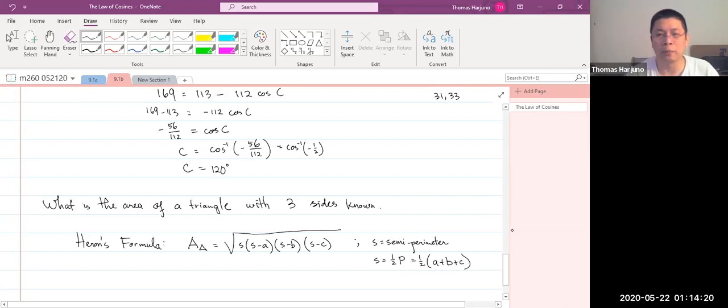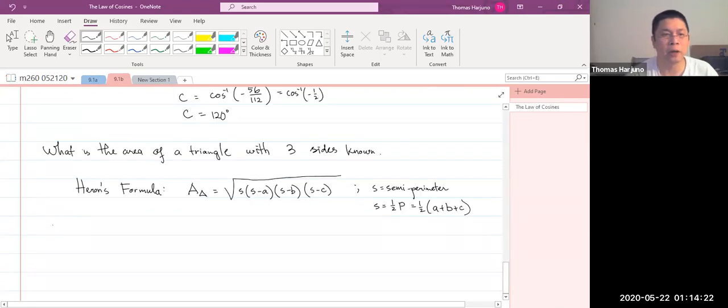Suppose, for example, I have a triangle with three known sides. Let's say, as in one question earlier, a equals 7, b equals 8, and c equals 13.